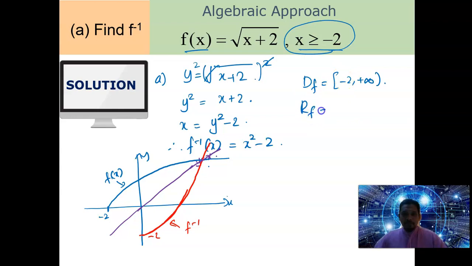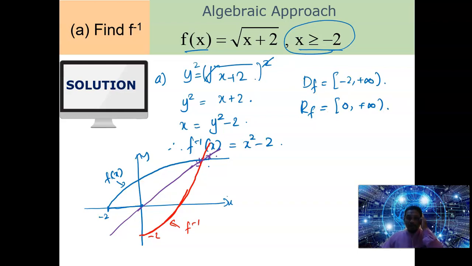And the range of f, refer to this graph of f(x). The domain is from negative 2 to positive infinity, and the range: the graph is all above the x-axis, meaning the range is all positive y. So this now is 0 to positive infinity.